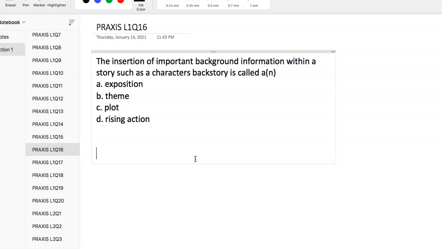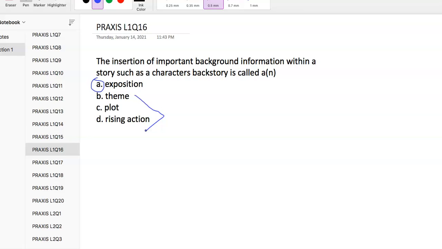The insertion of important background information within a story, such as characters' backstories, is called an exposition. Okay, and so again, you can see theme, plot, rising action. So even though they weren't the answers, if you didn't know what one of those meant, or you were a little uncertain what one of them meant, you might easily guess at them.